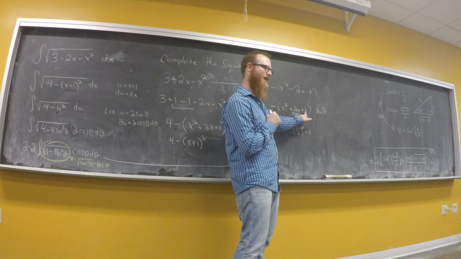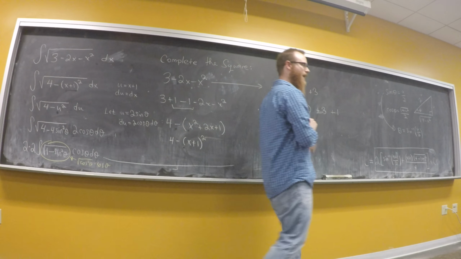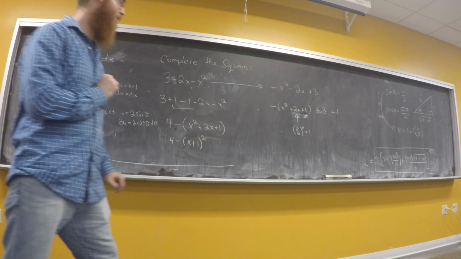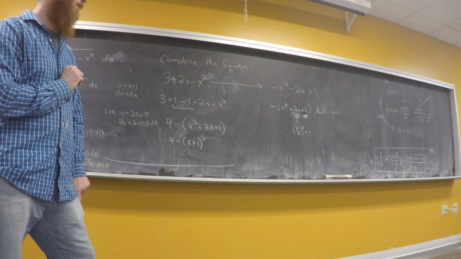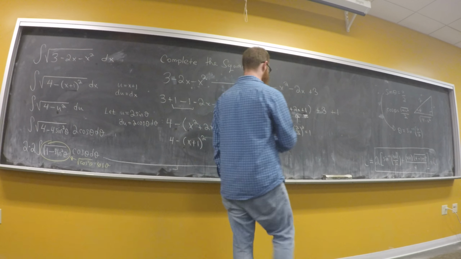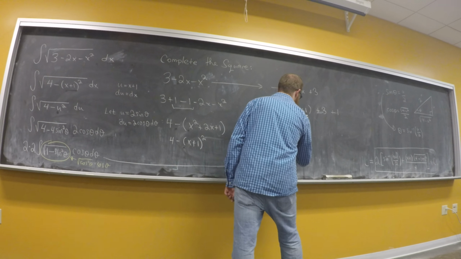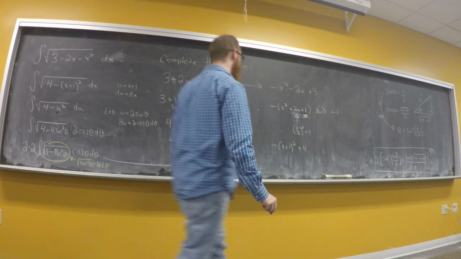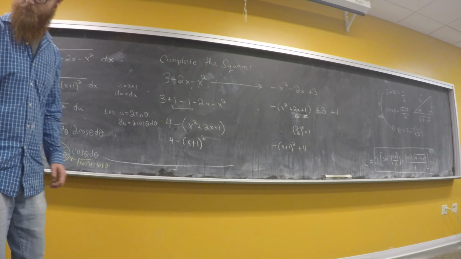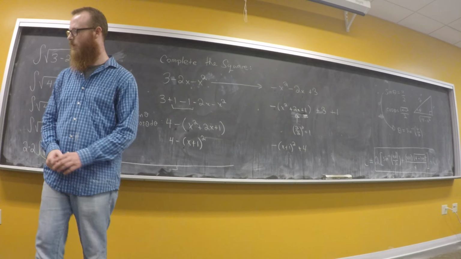So I just added a -1, so we've got to add a +1 out here to balance it out. That's the right way to think of it. So yeah, you get the same result here: negative x plus 1 in parentheses squared plus 1.